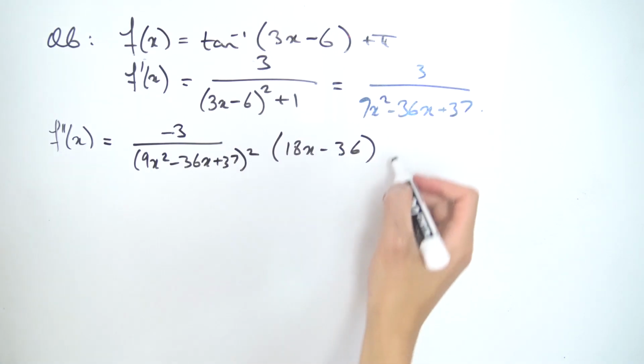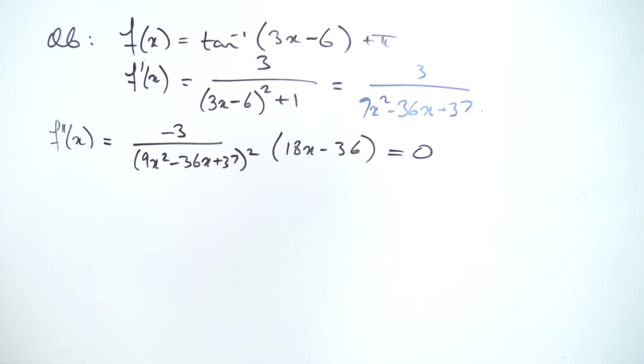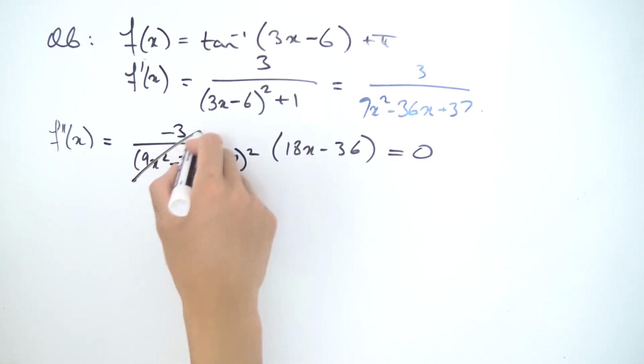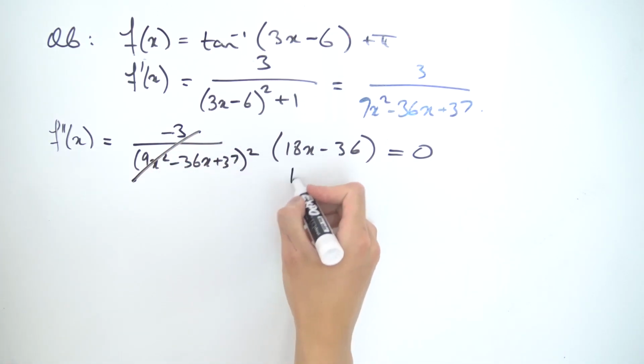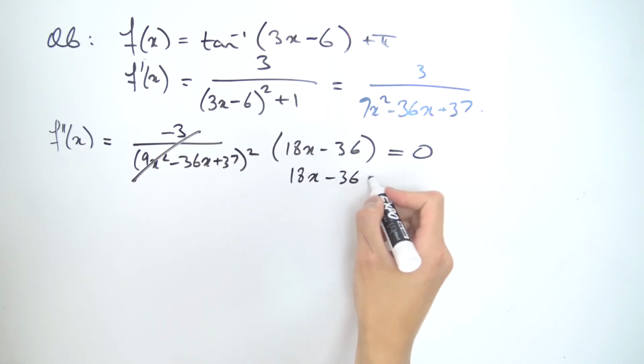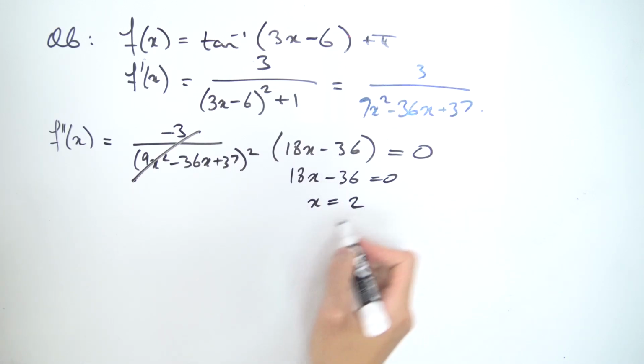Then we solve for where the double derivative is equal to 0. Assuming this denominator isn't 0, and minus 3 isn't 0, we can cancel those out, and we're left to solve 18x minus 36 equals 0, which means that x equals 2.